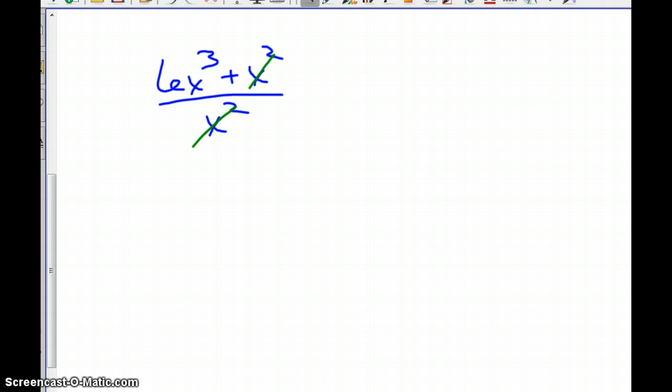This is not x squared. This is 6x cubed plus x squared. Okay? Which means the last bit of information you learned was factoring. We're going to factor always before we cancel.